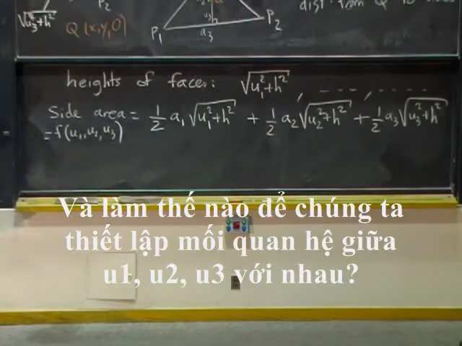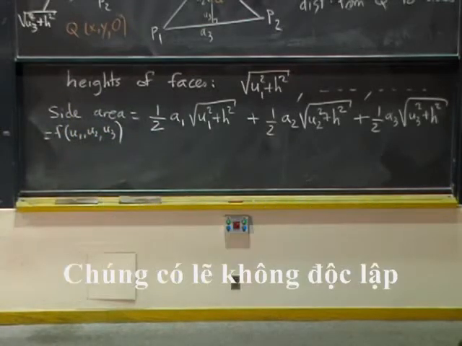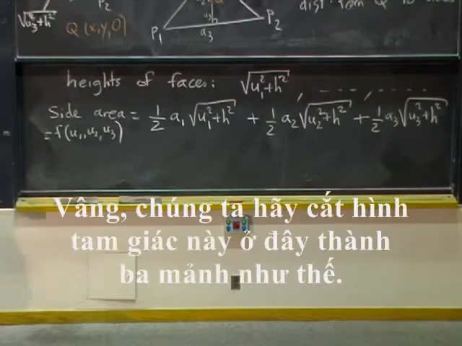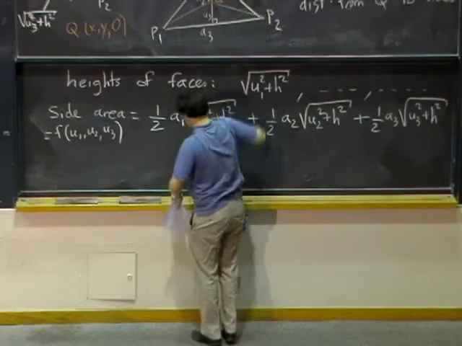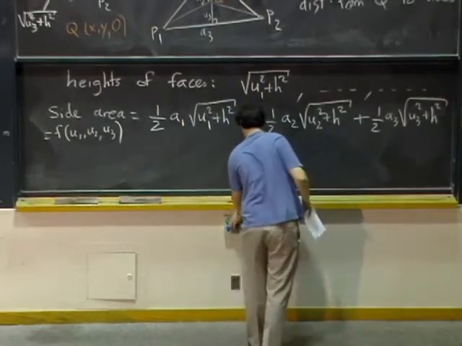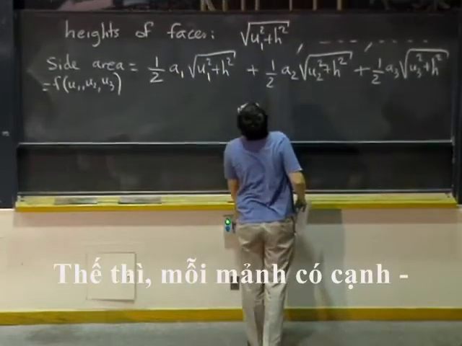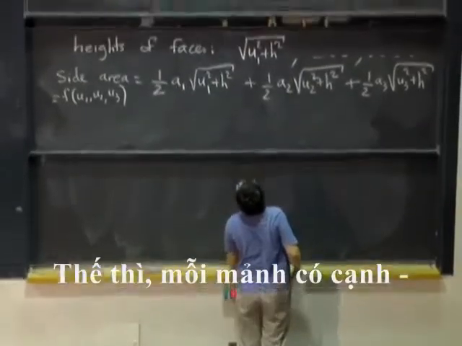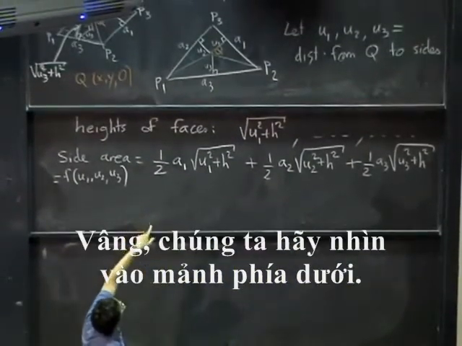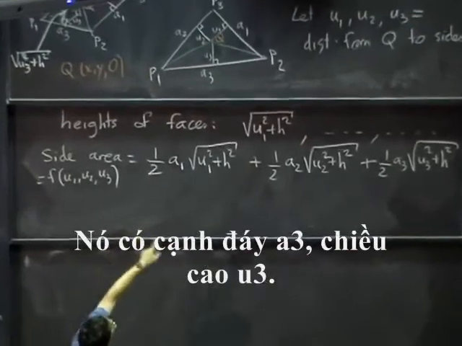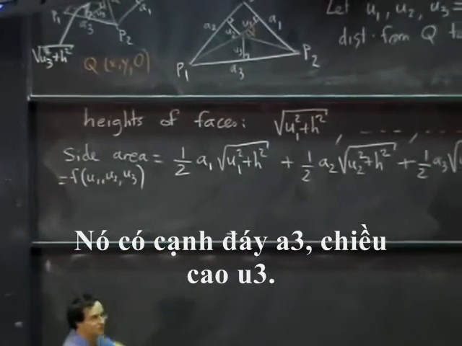And how do we relate U1, U2, U3 to each other? They're probably not independent. Well, let's cut this triangle here into 3 pieces, like that. Then each piece has a side, well, let's look at, say, the piece at the bottom. It has base A3, height U3.